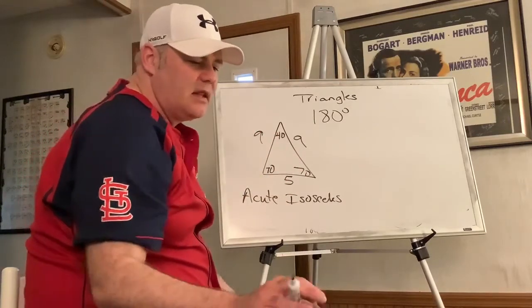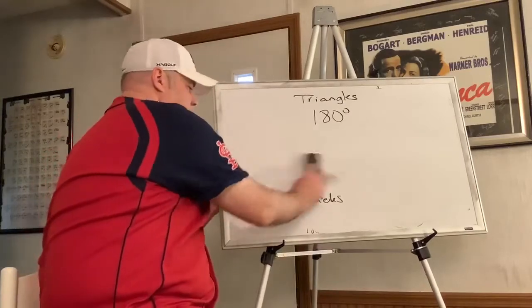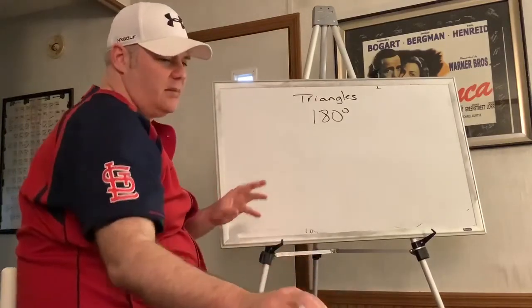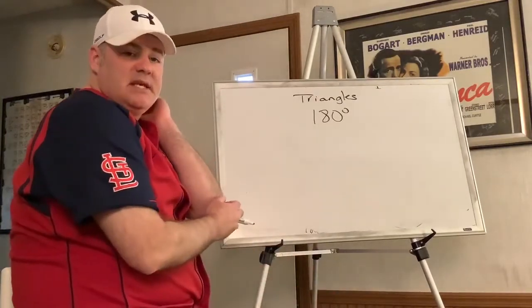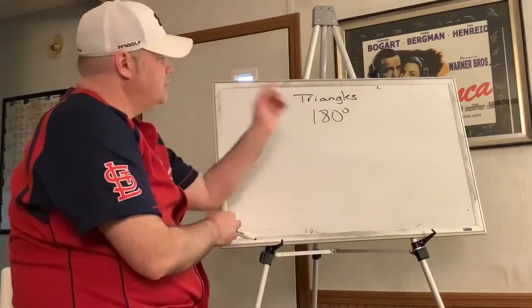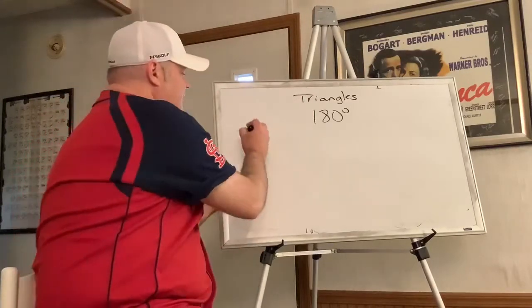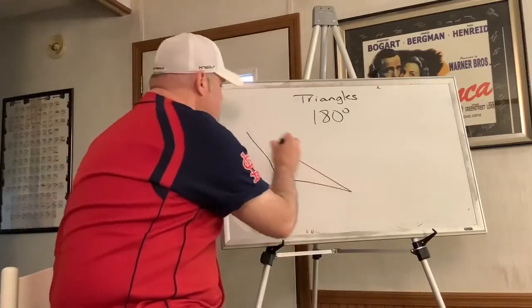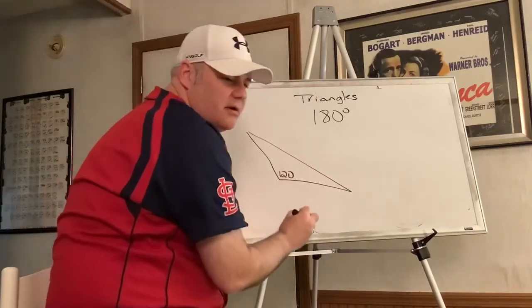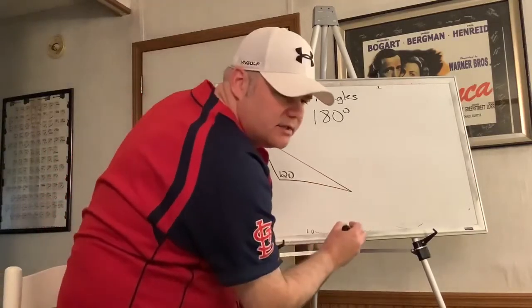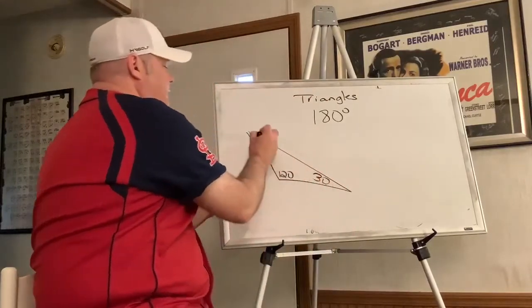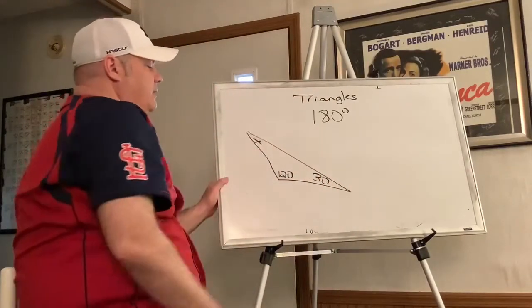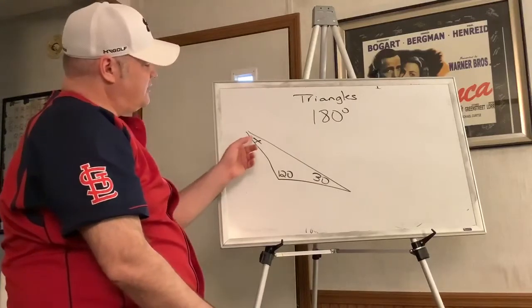Okay. The last thing that you can do for this assignment, and we'll stop there, is find missing angles. And we did that just when I introduced the 180. But if I've got a triangle here, let's say that's 120 degrees, and let's say this one's 30. And because we put unknowns with a variable, let's put an X there. Let's just find that angle.